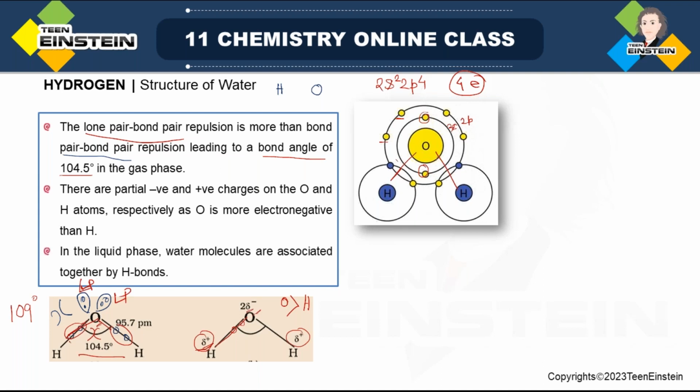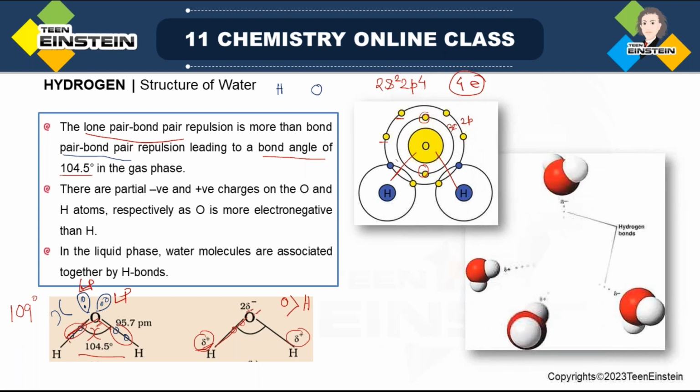Fine. Now the important thing in the structure of water, if we do not talk about it, the discussion will be totally meaningless, and that topic is hydrogen bonding. When it is in liquid phase, water molecules are associated with each other by hydrogen bonding. So there is hydrogen bonding between individual water molecules.